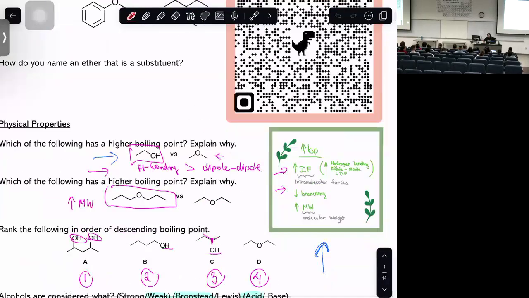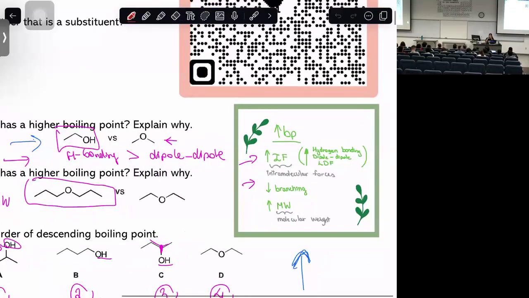Before we start talking about acidity, let's quickly remind ourselves of the boiling point trend. As long as you're able to remember the trend, you should be good for any boiling point questions. The higher the boiling point, that means that the molecule has the stronger intermolecular forces, which goes hydrogen bonding first, then dipole, and last one, the one that's present in every single molecule, London dispersion forces.